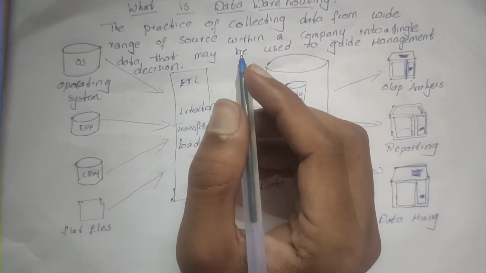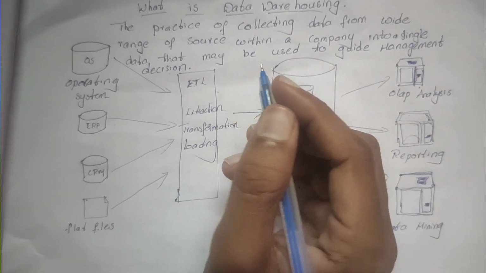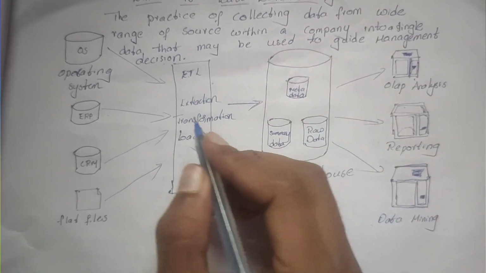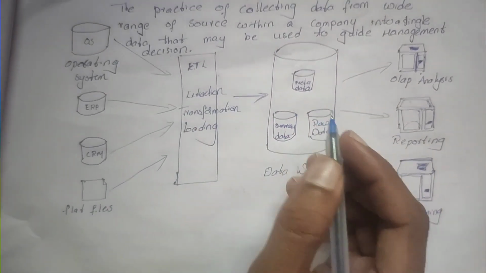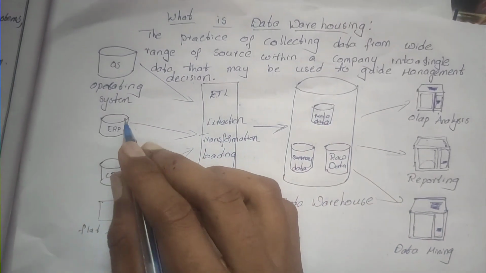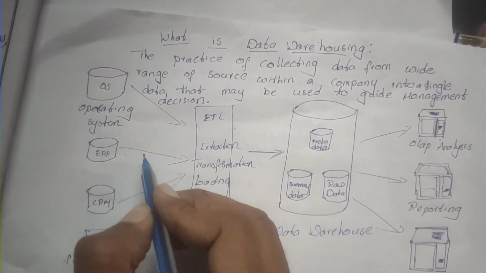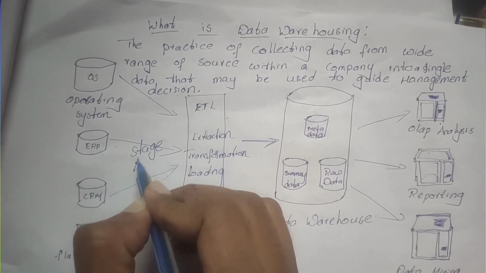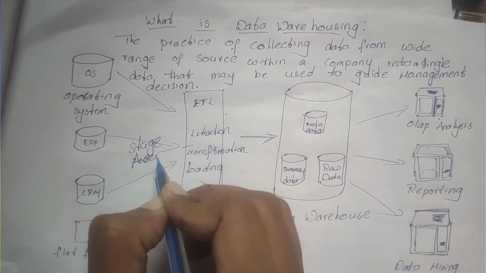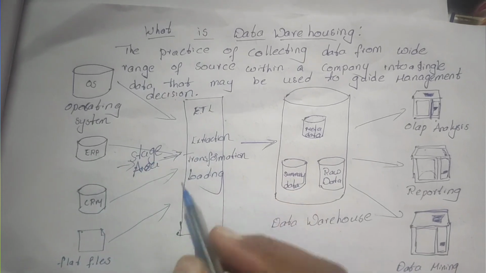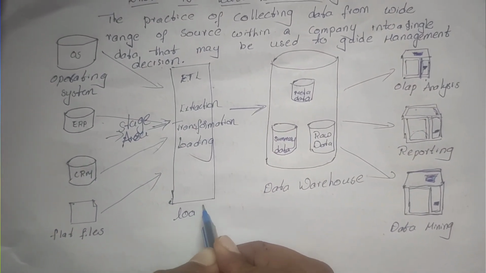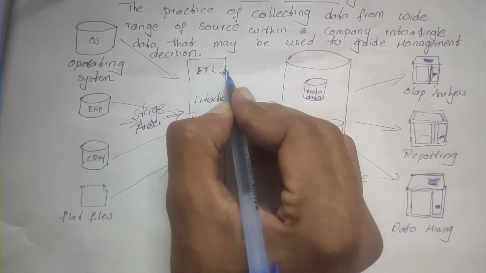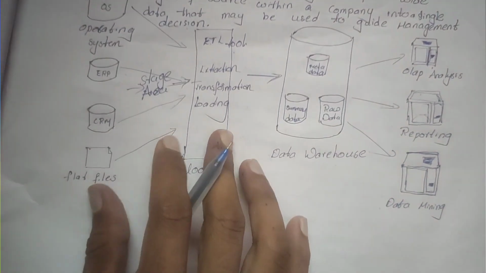Let us check what's the process of the ETL tool. ETL stands for extract, transform, and load. It extracts the data from the wide range of sources and then transforms it in the staging area and then loads it.